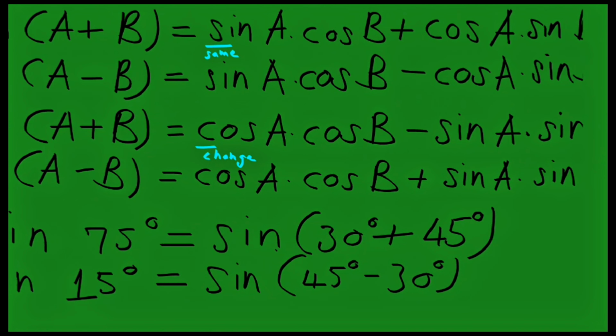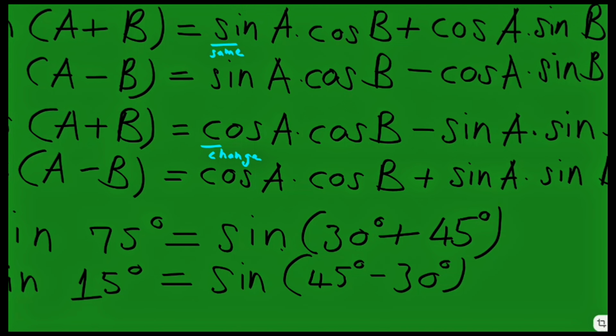This right here is compound. So we have 30, we have 45. We can literally write this sine 75 like this and compound it to where we have to write it like this. Sine 30 cos 45 plus cos 30 multiplied by sine 45.